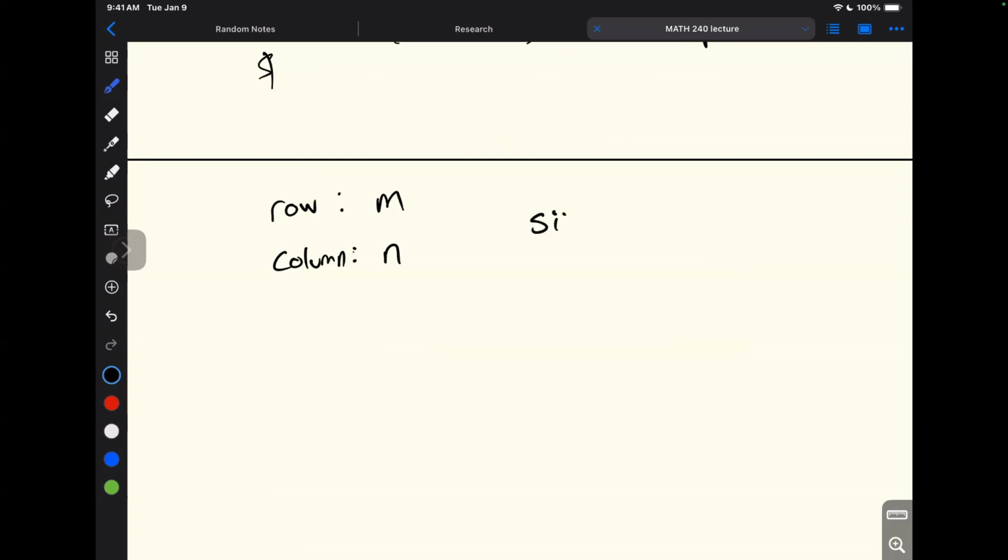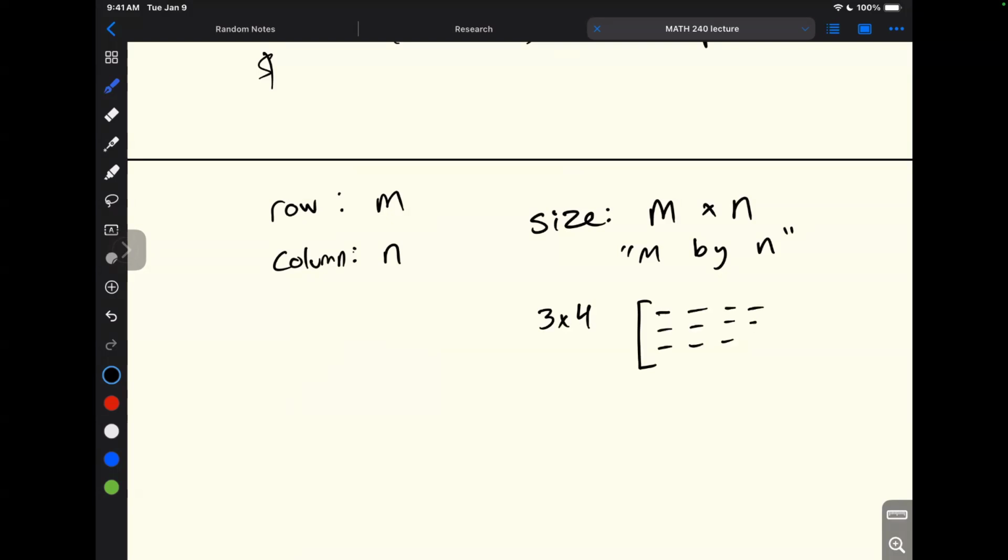We can say the size of a matrix is m times n, and this is pronounced m by n. So if I'm looking at a 3 times 4 matrix, I'll say I'm looking at a 3 by 4 matrix. That tells me that it has 3 rows and 4 columns.